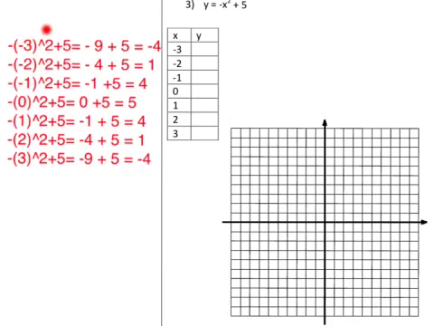So we have to square negative 3, we get 9. We take the opposite of it because that's what that negative is there for. So the opposite of 9 plus 5, and that gives me negative 4. The opposite of negative 2 squared ends up being negative 4 plus 5 equals 1.